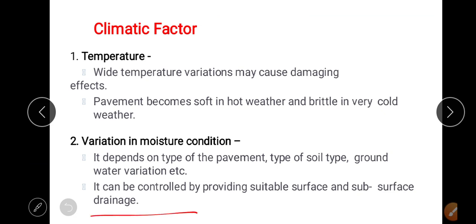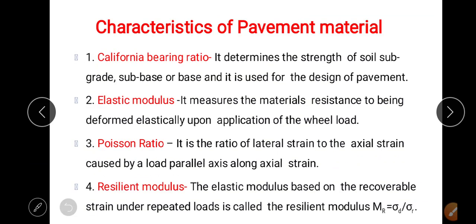So that is the importance of drainage, which we have already studied in the previous unit: surface drainage and subsurface drainage. These are the more significant structures which are to be planned, designed and constructed so as to remove the water and also to control these variations in the moisture condition.